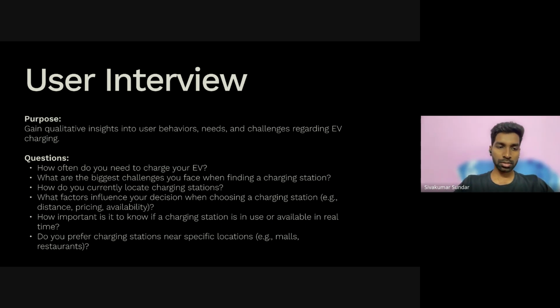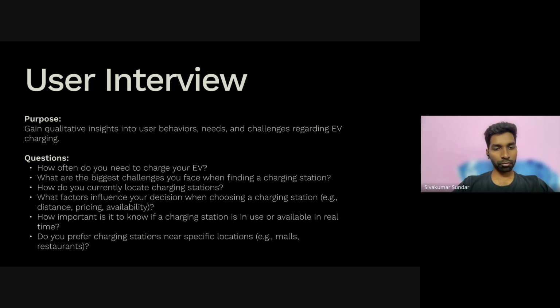The questions that you ask should also be centered around their problem. It should not be just like, do you drive your vehicle daily? It can be that, but the questions you ask are very important, because only this will help you gain insights on what the major features should be, and what the important things are that the users are looking for from the app. So all these things will help based on the questions that you ask.